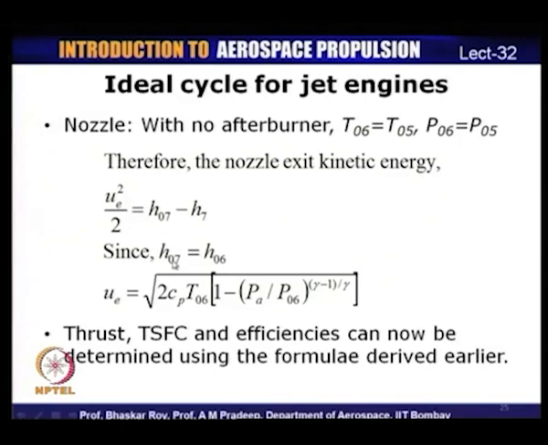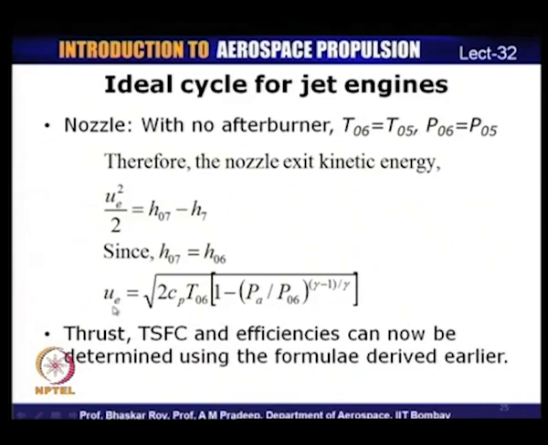And since there is no energy added before the nozzle, because there is no afterburning, we have H07 equal to H06, and therefore, we can simplify an expression for U_E, which is equal to the square root of 2 Cp T06 into (1 minus the pressure ratio (P_A by P06) raised to (gamma minus 1) by gamma). Which means that we have U_E, the exhaust velocity, which is a function of its inlet temperature and the pressure ratios.